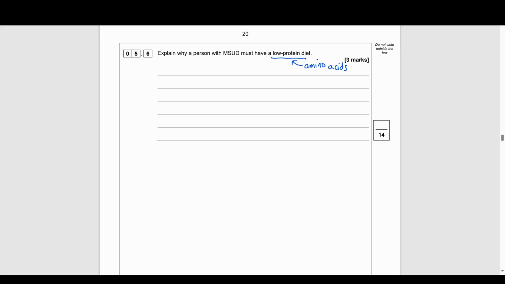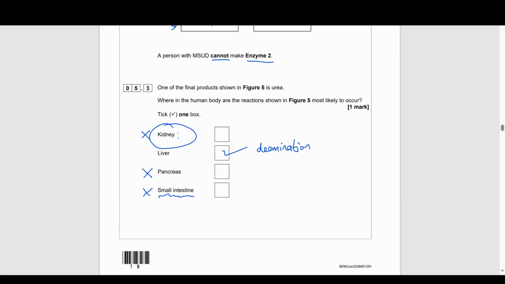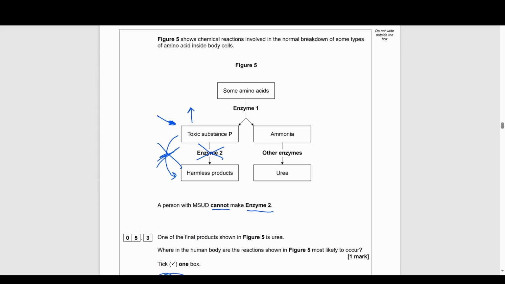And now we've seen from this figure what can happen to some of the amino acids. They could either be converted to ammonia and then urea, or they could form this toxic substance P. So what we're trying to avoid is the buildup of this toxic substance P.